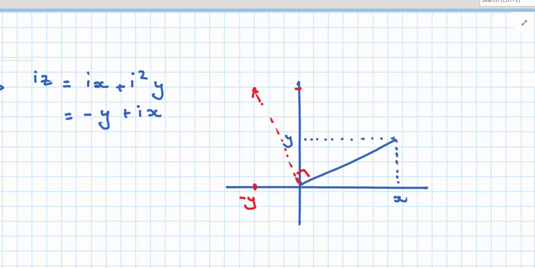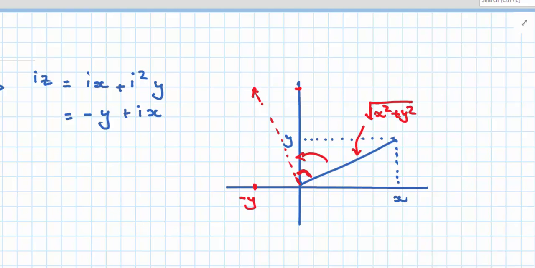Now, if you think carefully about that, that's a rotation of 90 degrees. The magnitude of the original vector, the length, is given by the square root of x squared plus y squared.